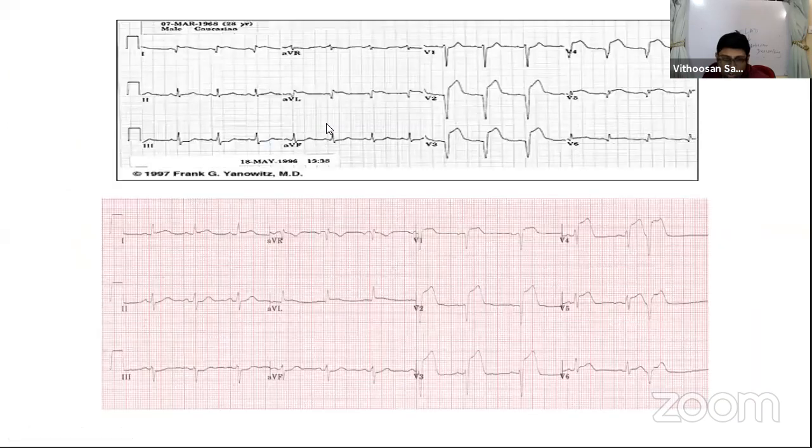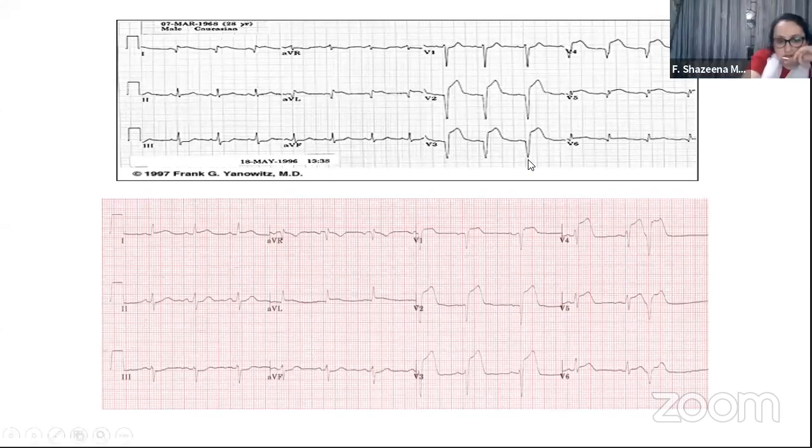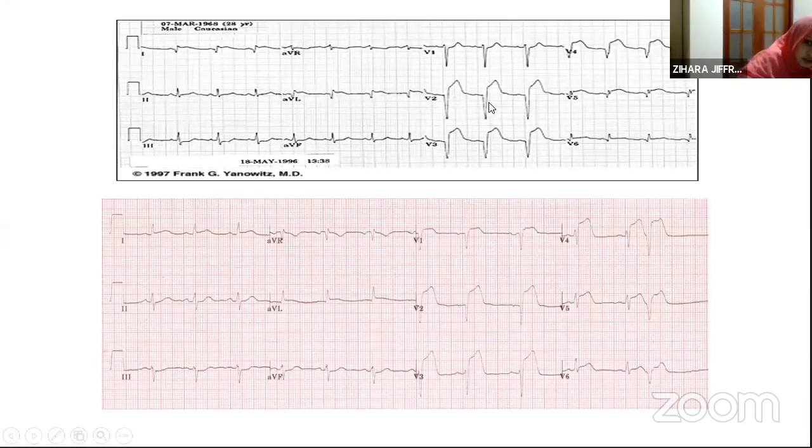Now, just for the sake of interest, do you see any abnormality in this ECG? ST elevation, excellent. Have you all found this ST elevation?